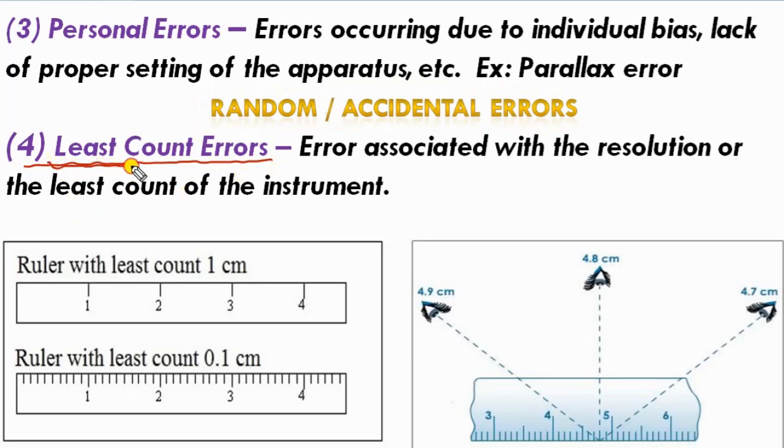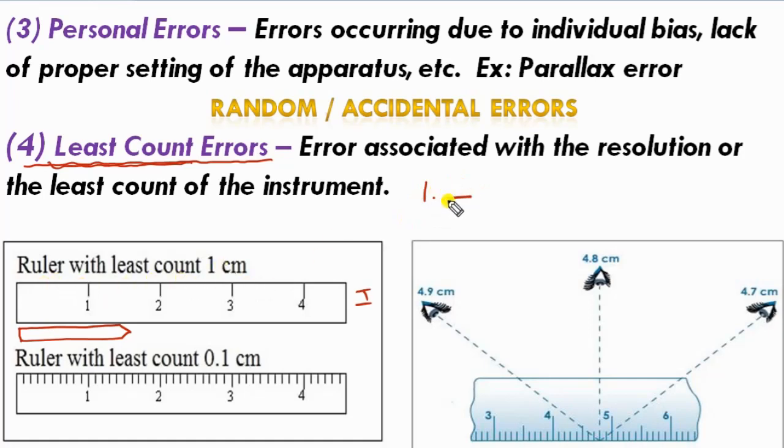A perfect example of random errors is least count error. What is least count? It is the smallest value that an instrument can give perfectly. So let's say I am using the first scale. I am using it to measure the length of this pencil. Clearly it is 1 point something, but 1 point what? This scale is not telling us.